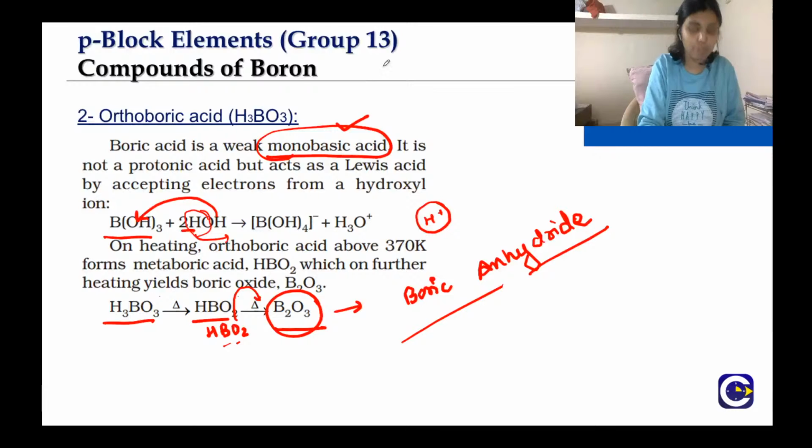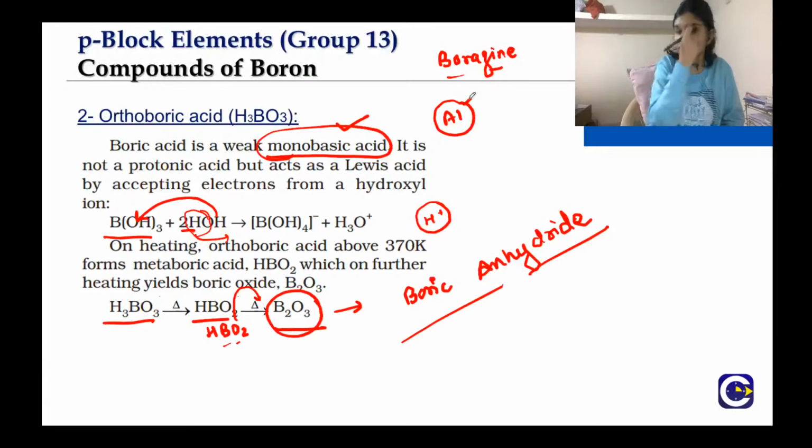Some more compounds we need to discuss, right? Borazine is there, boric anhydride is there, right? And some compounds of aluminium also we will discuss in the next class, and then we will complete group 13 in the next class itself, right?